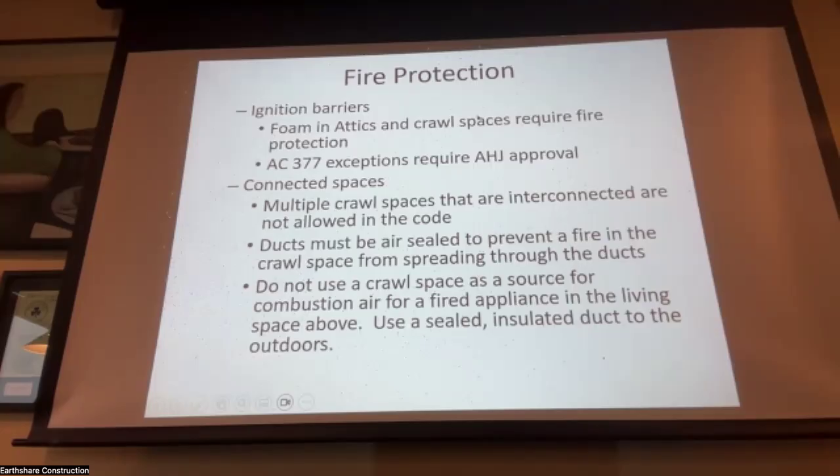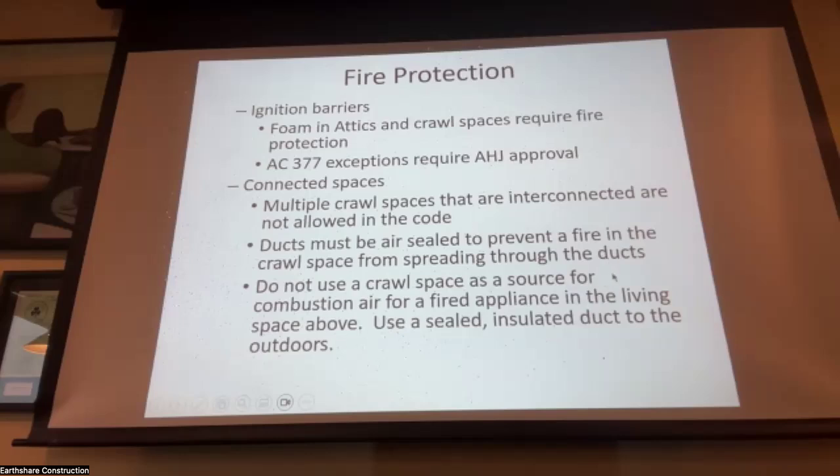Okay, you can't have multiple crawl spaces that are interconnected. So if you can fall through a rat hole from one crawl space to the other, you can't do that, because the fire can spread through the crawl space. Ducts must be air sealed so that they can't leak and the fire can't spread through the ductwork.